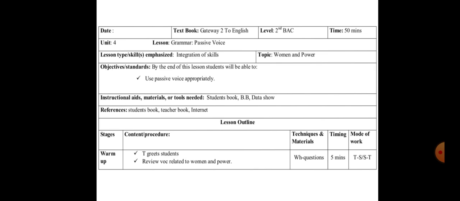The lesson skills emphasized. We have integration of skills, or there is an eclectic approach. We target all skills: speaking, listening, reading, and writing. The topic: women in power. And we have objective standards. By the end of this lesson, students will be able to use passive voice appropriately.